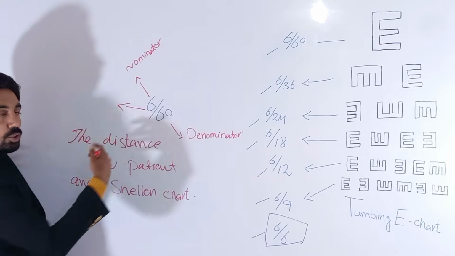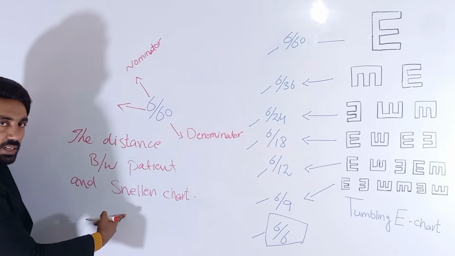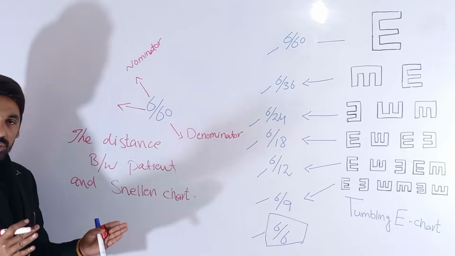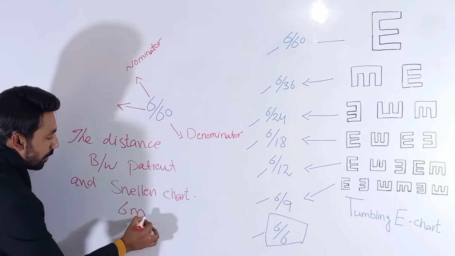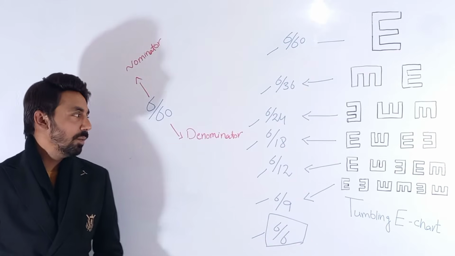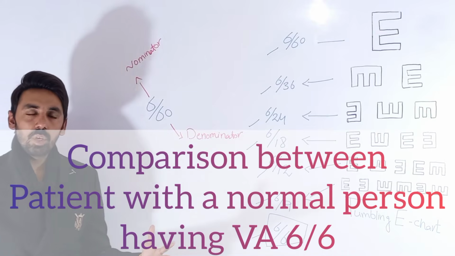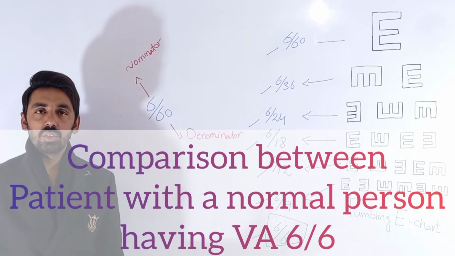So the 6 is actually the distance between the patient and the Snellen chart, and the fixed distance is 6 meters. Now we will learn about the denominator. The denominator is actually the comparison between a patient and a normal person.